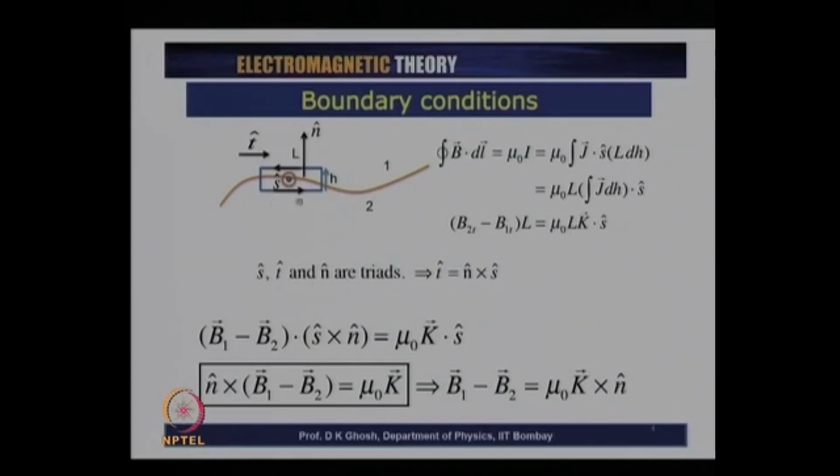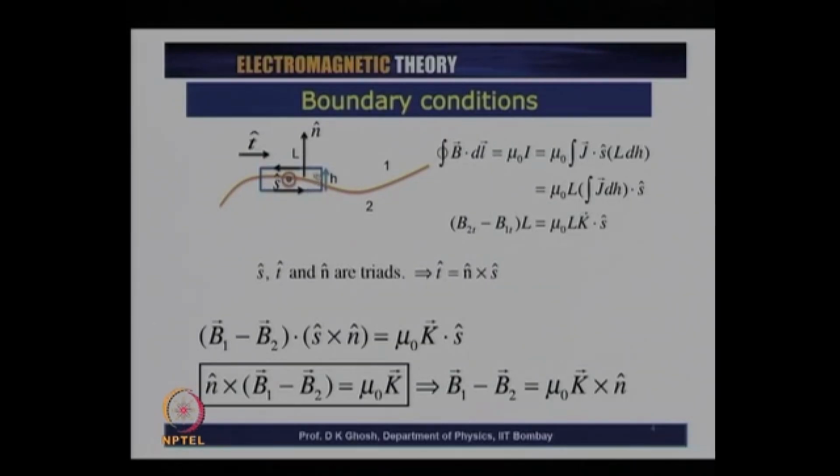And so, what I do is this: I take an Amperian loop. I take an Amperian loop this way, and the way I do it is this: you can see that I have provided a direction in which this current is flowing on the surface.